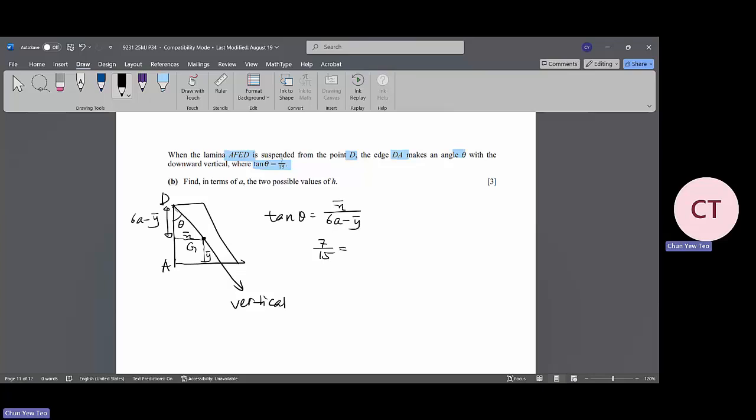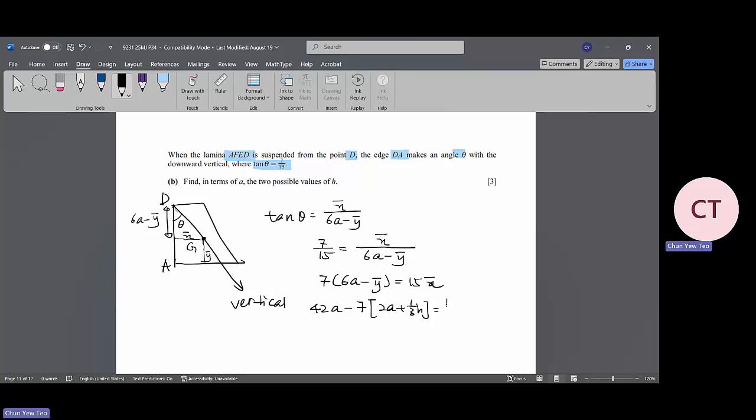So tangent theta is given as 7/50. Bar X is given as, maybe we don't put it first. We simplify first, make our job easier. So I have 6A minus bar Y is equal to 15 bar X. Now we can expand, become 42A minus 7 of the bar Y. Bar Y just now is 2A plus 1/3H.